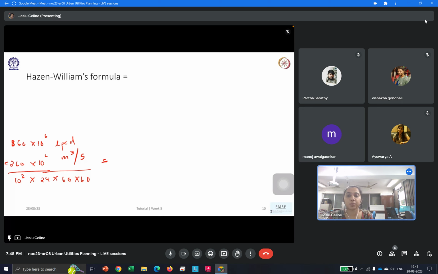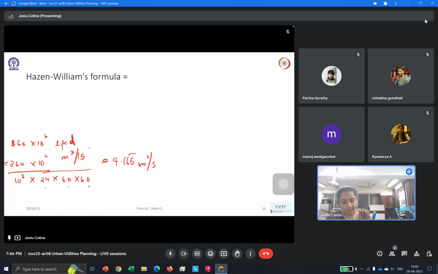How much does it come out to? The conversion is simple, right? This is per day, so we convert it into seconds, dividing by 24 into 3600. 4.1666, yes, correct. It would just keep going like that, meter cube per second. Very good. So now we have got Q also.